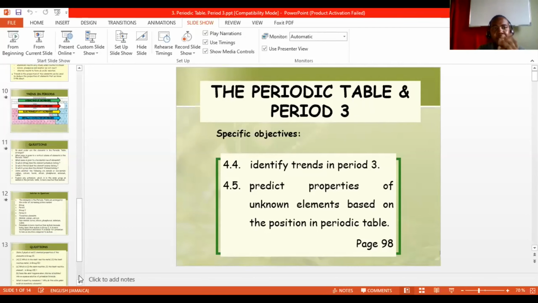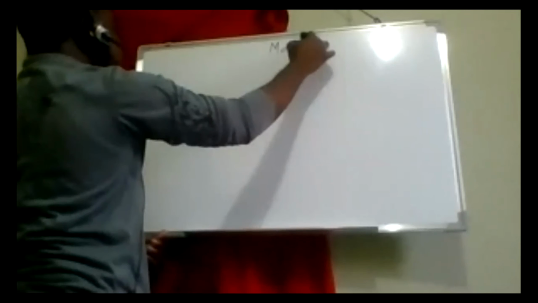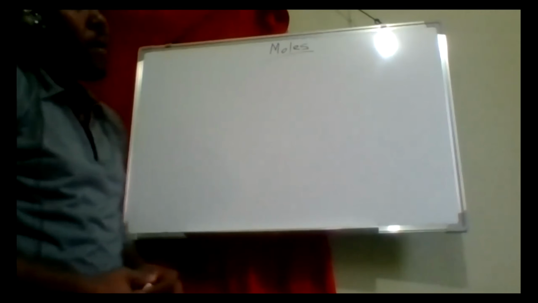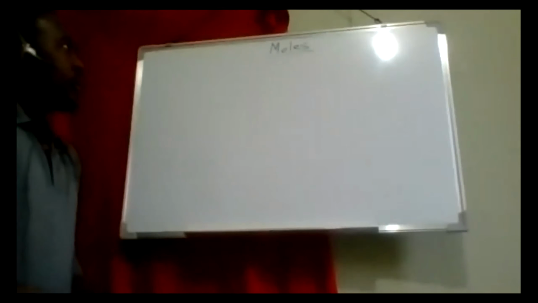So we're looking at moles. This time we're going to work some calculations. Before we look at some calculations, let's define some specific terms. First one is, what is a mole?